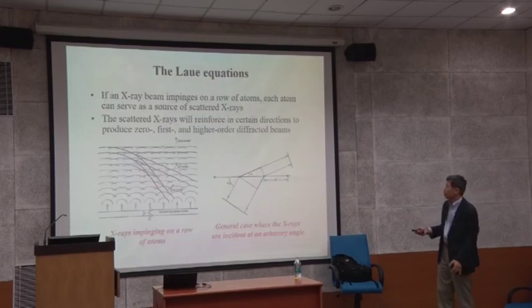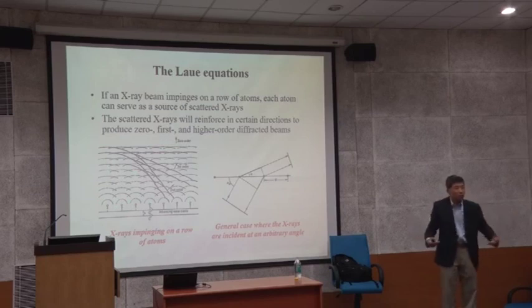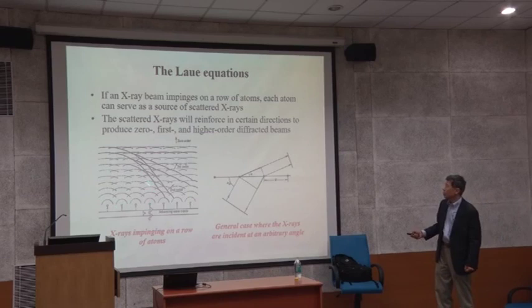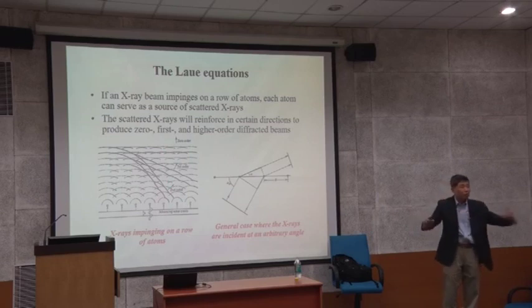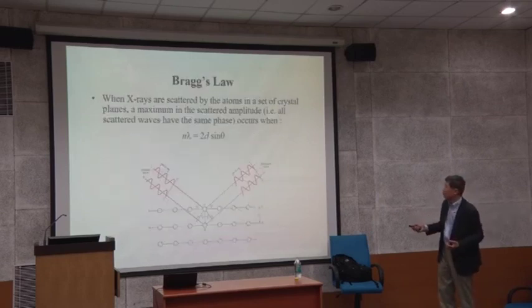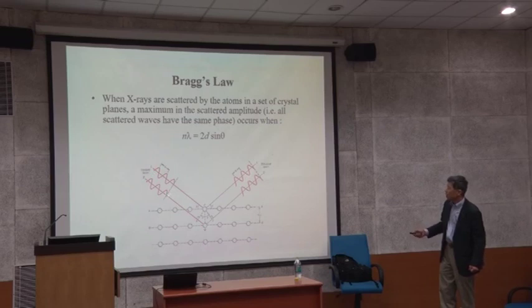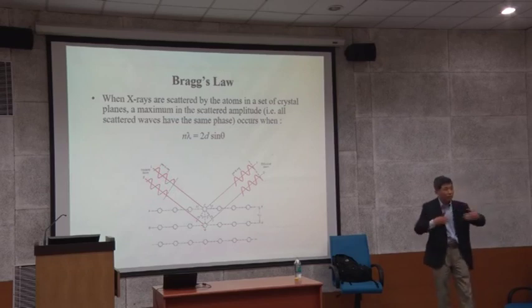So for example, this is an image of all the atoms and their surrounding electrons. All the electrons interact with the waves, and then all the waves contribute to the actual diffracted beam. So here, looking at this atom and that atom, for the incoming X-ray, when you draw the line here, everything is in the same phase. This is a 0, and here is a peak, and 0. You have everything in phase.